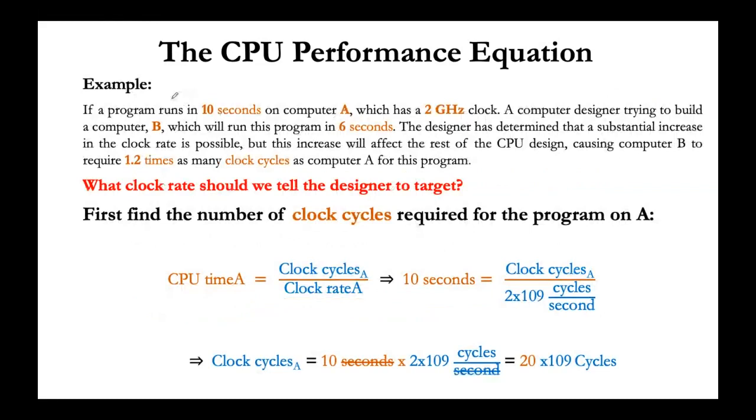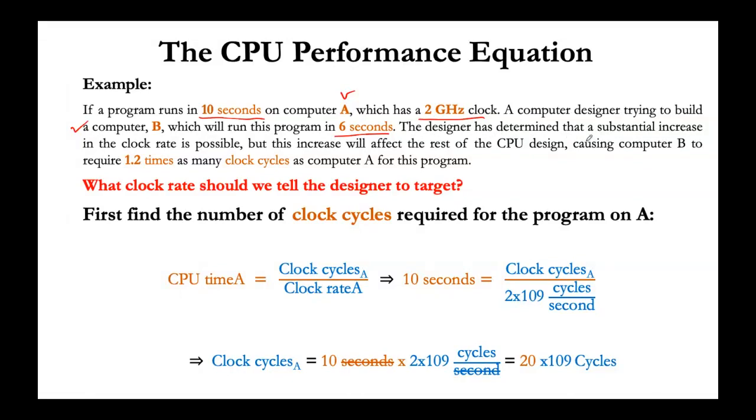This can also be illustrated with an example. Suppose a program runs in 10 seconds on computer A, which has a 2 GHz clock, and a computer designer is trying to build a computer B which will run the same program in 6 seconds.